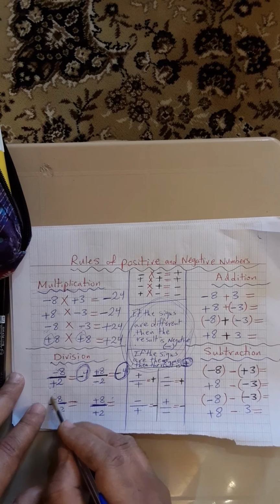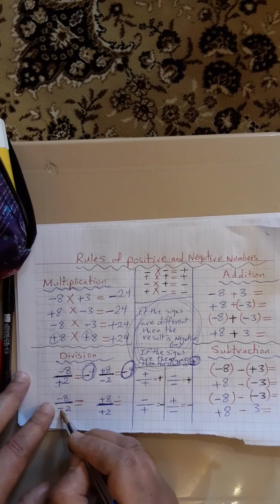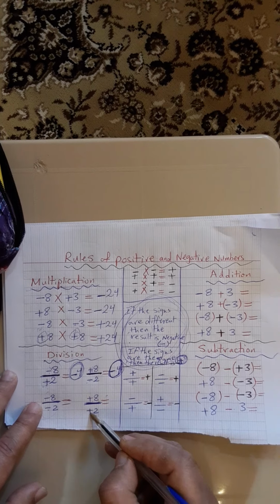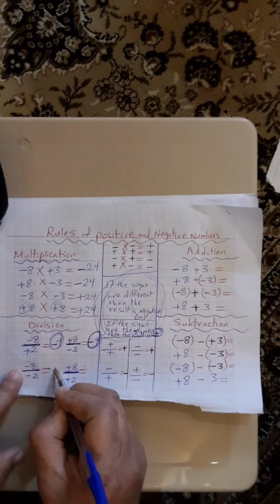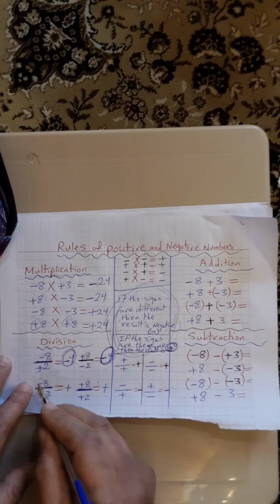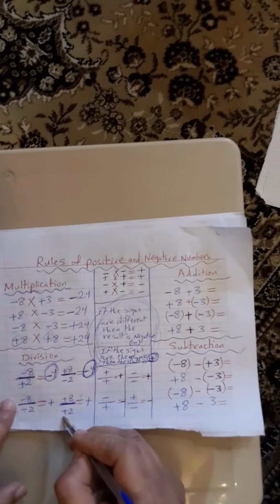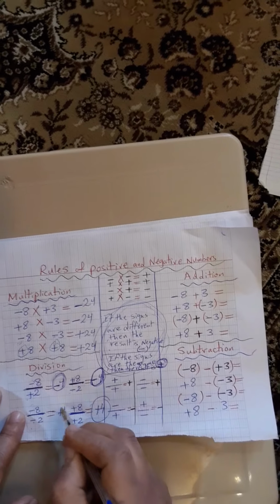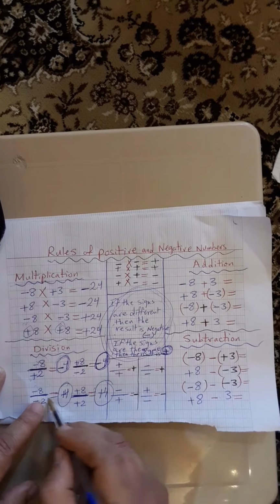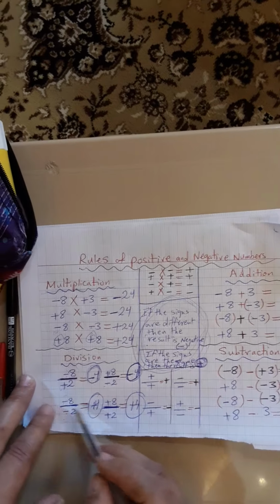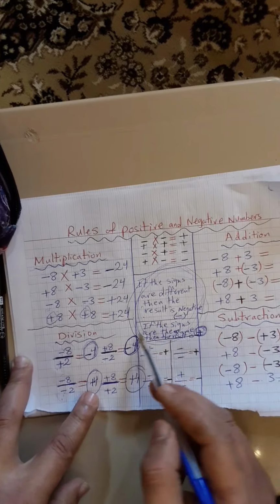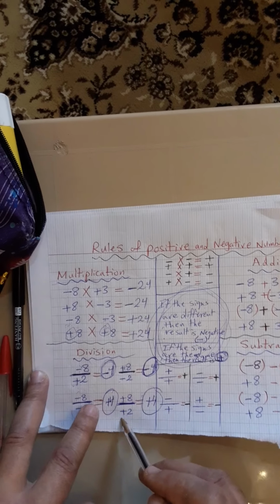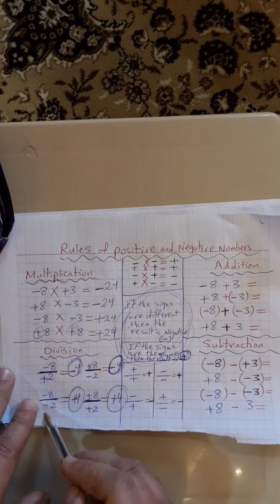If we have the same signs, minus 8 over minus 2 or plus 8 over plus 2, the sign is plus. Minus over minus is plus. Plus over plus is plus. The result of the two calculations is plus 4, because the signs are the same.